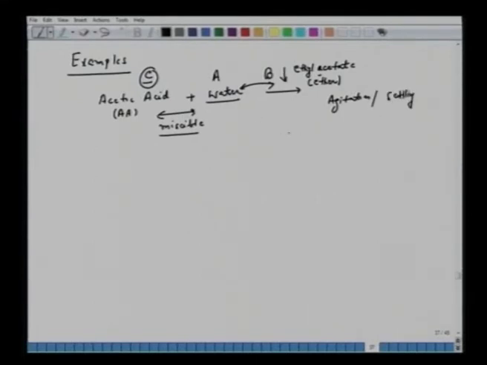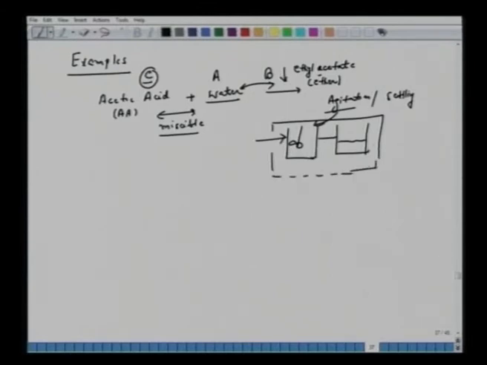Typically this extraction is represented by a tank for agitation, and then you have a settler just like this. So the entire extraction, from the principle of operation, contains two large vessels, one for agitation, one for mixing, where you have this A plus C and you have added B. Allow them some time, then bring them to the next vessel where you allow them to settle.